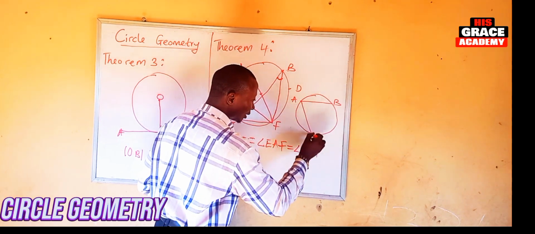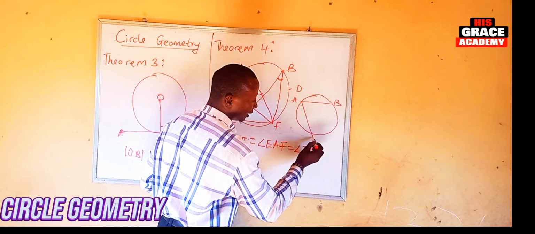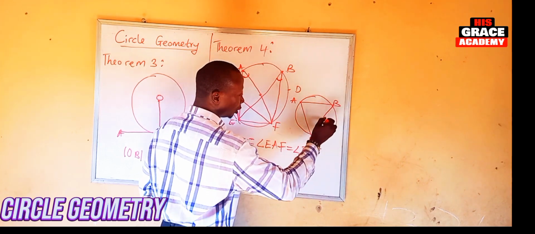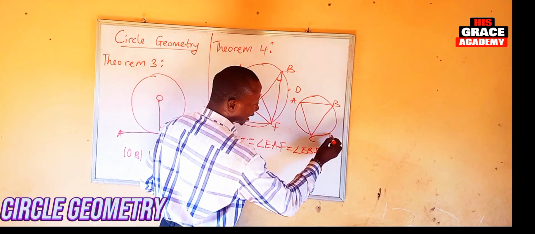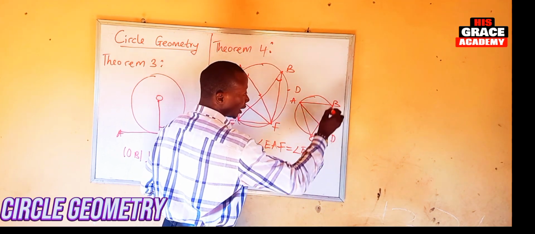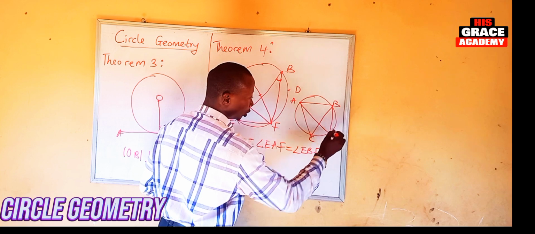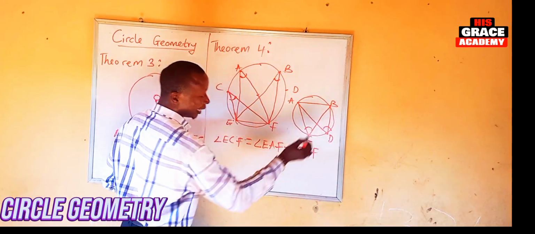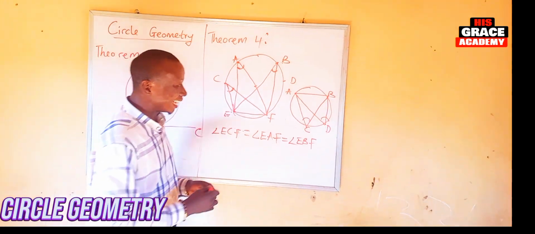And let's say this is point C. Let me join side BC, and let's say this is another point D. So I want to join side AD, and side BD. So you can see that the angle here and the angle here, the two are in the same segment.